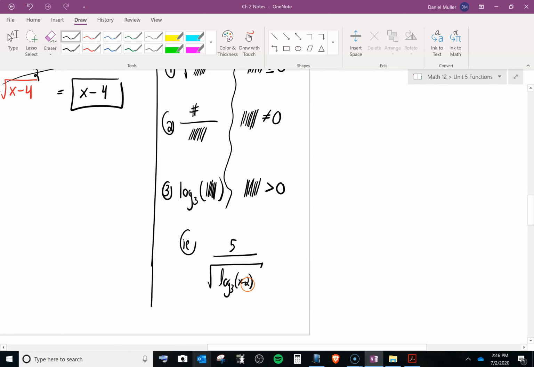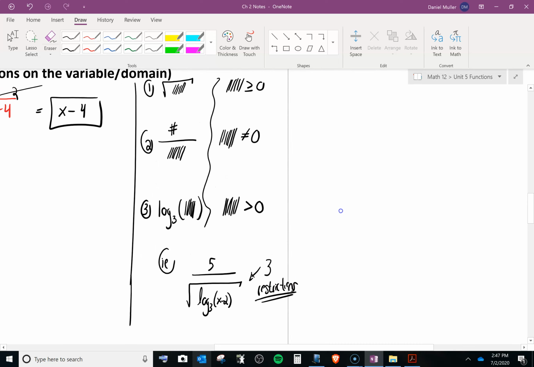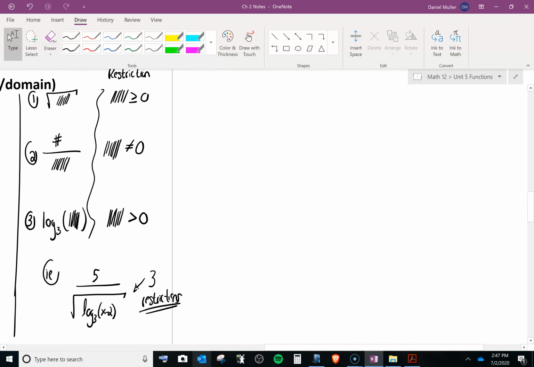There's a logarithm in here, there's a square root in here, and it's all on the denominator. So this would have 3 restrictions, so you can combine them. I'm just going to leave that here, and you can pause it. But we're now going to use those to find out the restrictions on this other stuff over here.